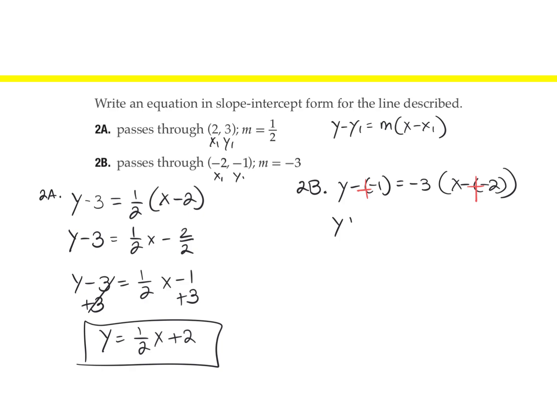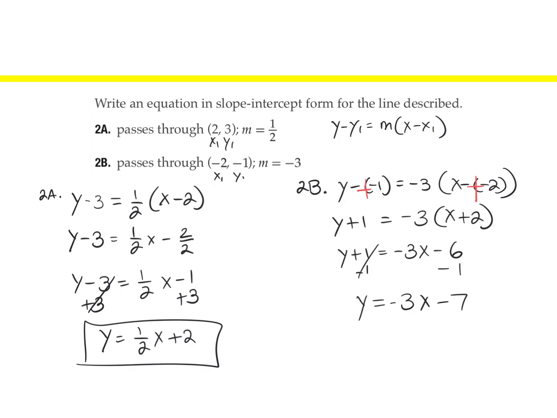So it's y plus 1 equals -3 times (x plus 2). Now I can distribute that -3 to the x and to the 2 to get y plus 1 equals -3x minus 6. I will subtract the 1 and get y is equal to -3x minus 7.